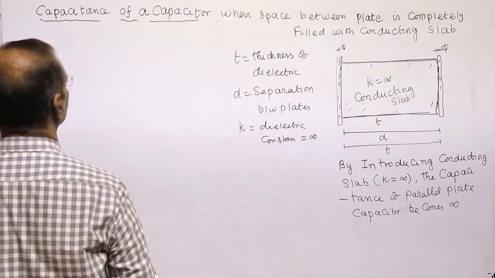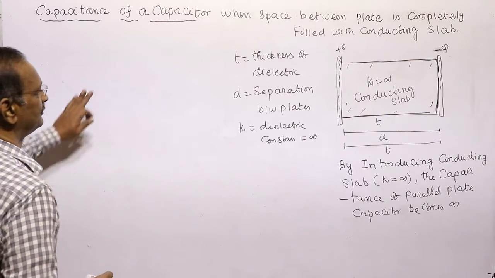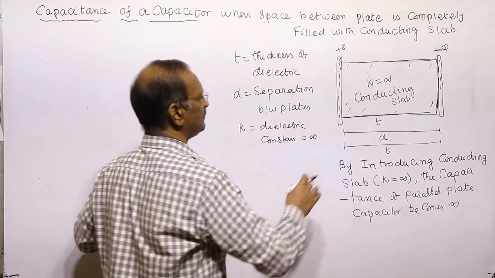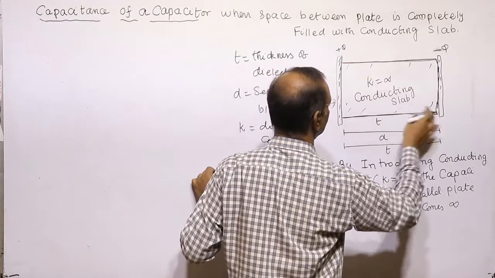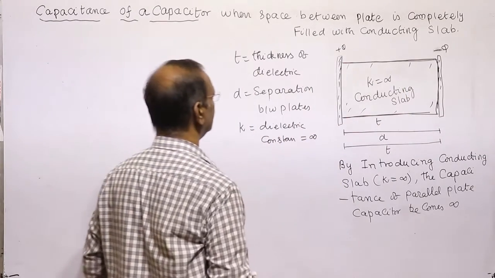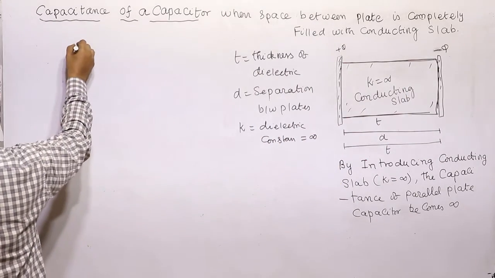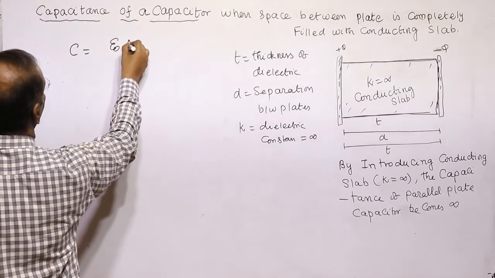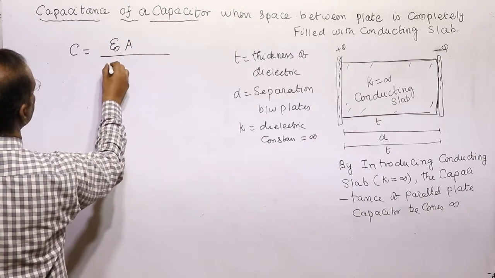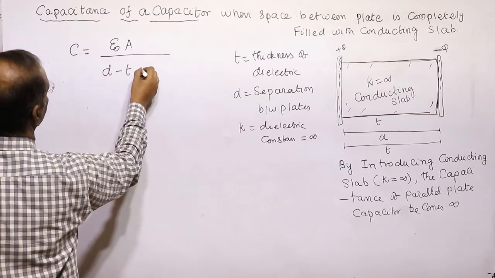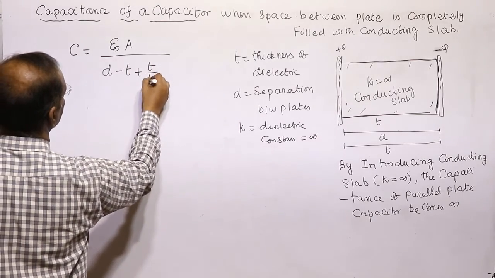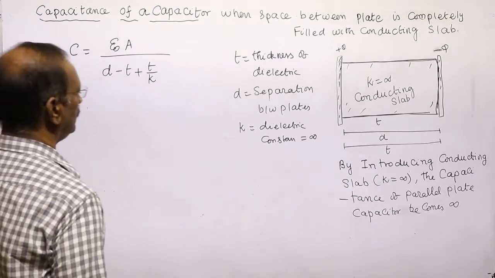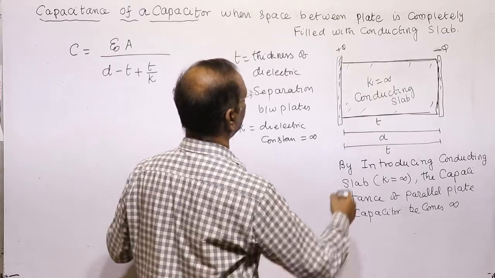Now we have already derived that when the space between the capacitor plates is filled with a dielectric, the capacitance is given by C equal to epsilon naught A divided by D minus T plus T by K. Now, what is the electric field here?